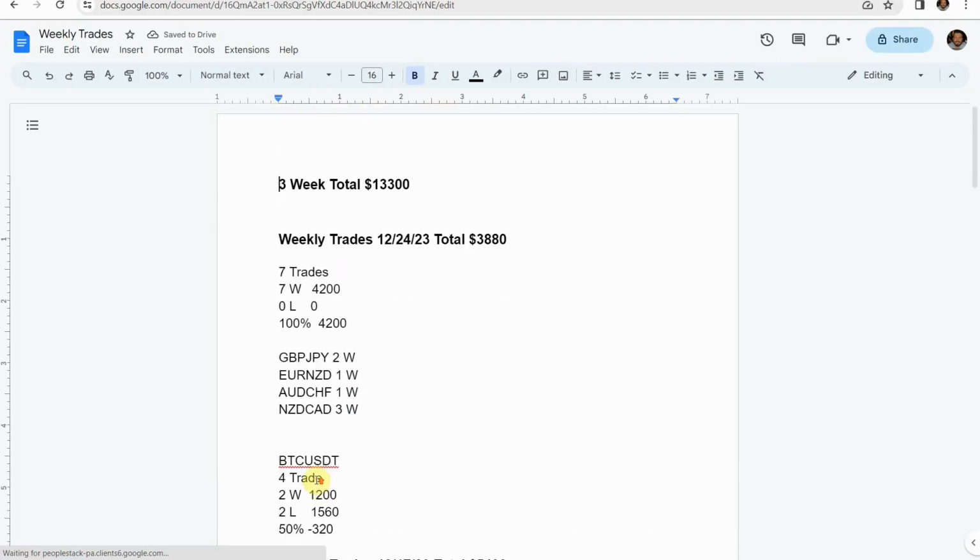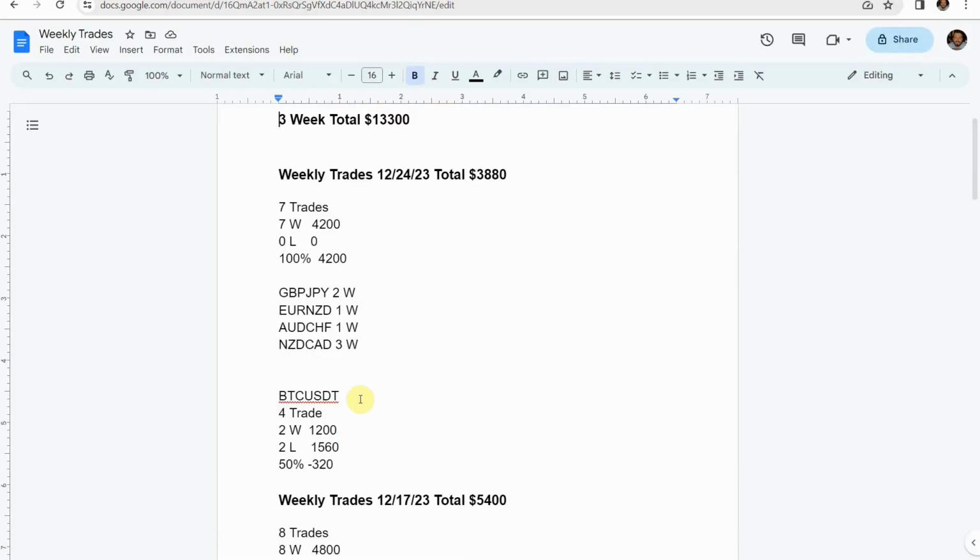Let's go ahead and go over the numbers on the weekly trades. And so again, this is the signals using the Academy of Forex strategy on these specific Forex pairs, these 4 Forex pairs, and this one crypto coin. This is on the 30-minute time frame.